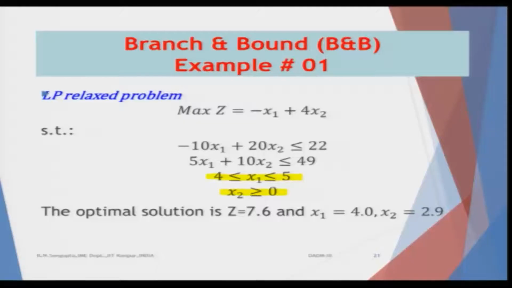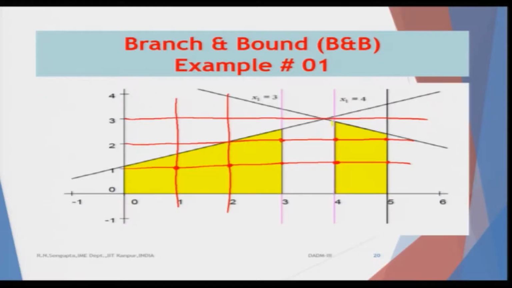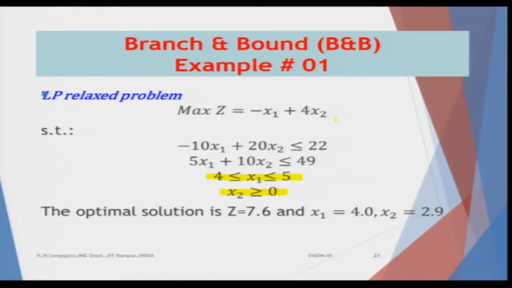Now, again you solve it using the linear programming concept. Once you solve it, your optimum solution is like this. You get x1 as 4, so it is somewhere here, and x2 is 2.9.